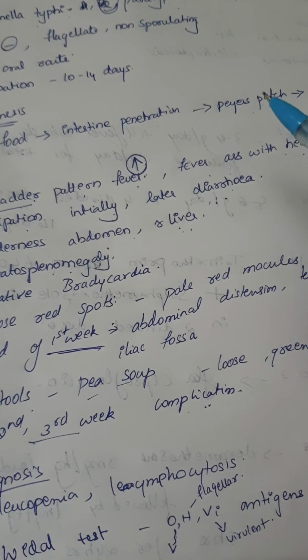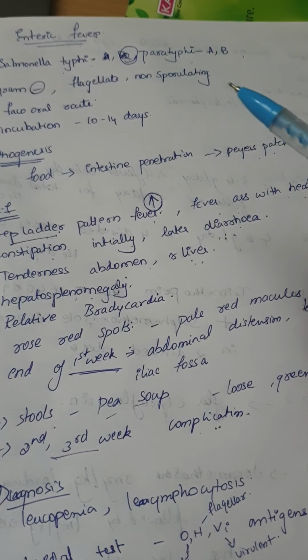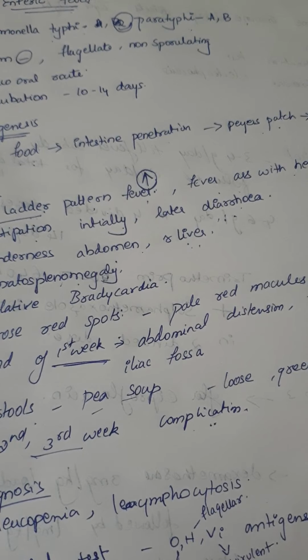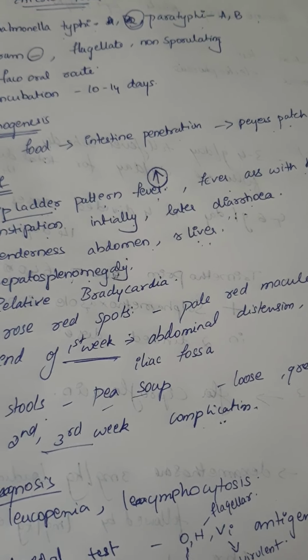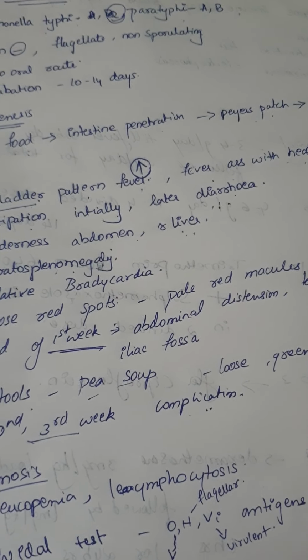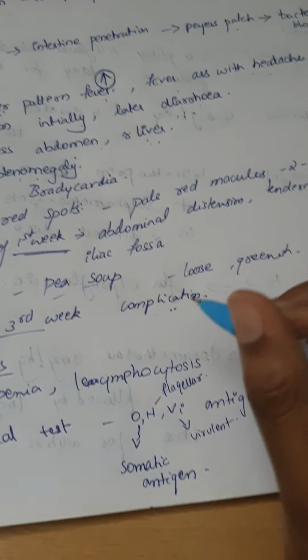And as I told you, it enters the blood and can even reach the brain. So think of neurological complications like delirium, psychosis, coma, meningitis, encephalopathies. And miscellaneous, if it affects the heart: myocarditis, endocarditis, pericarditis.